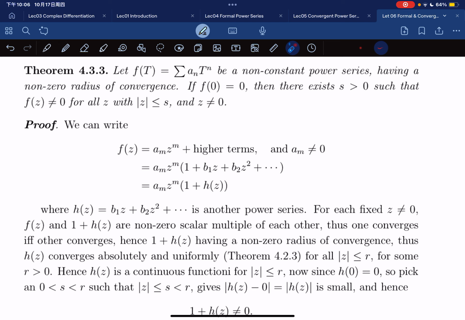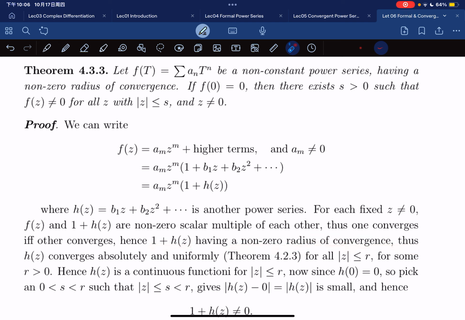You can rewrite it as a_m z^m multiplied by (1 plus h(z)), where h(z) is another power series. For z non-zero, they are scalar multiples of each other, so one converges if and only if the other converges, which means this has a non-zero radius of convergence.